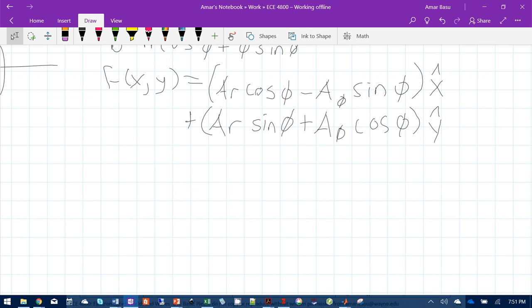I just want to make sure I'm not off base. So that's r cosine phi multiplied by cosine phi, because that's A_r cosine, so that's squared, minus sine phi multiplied by sine phi, so that's squared.